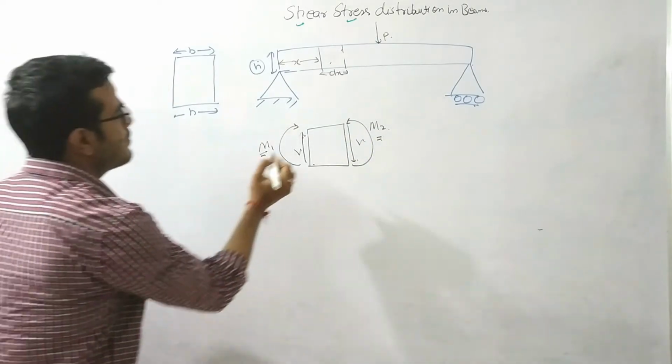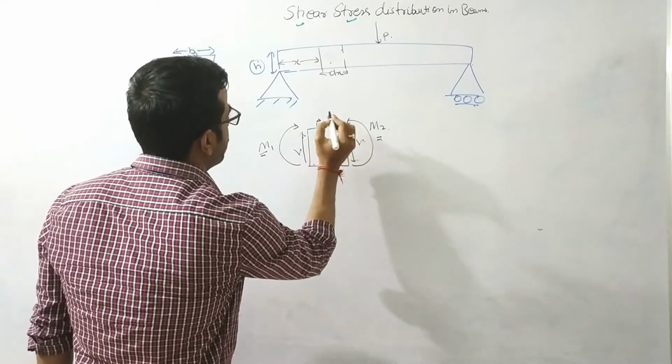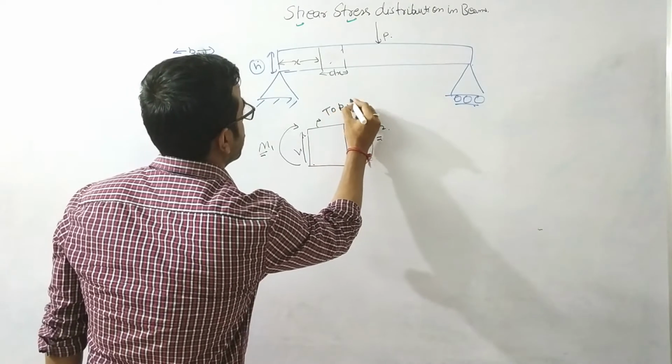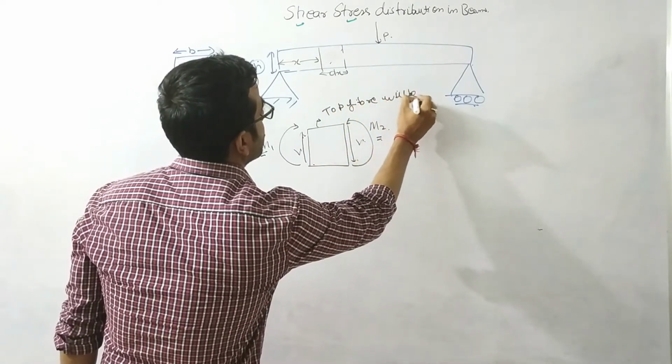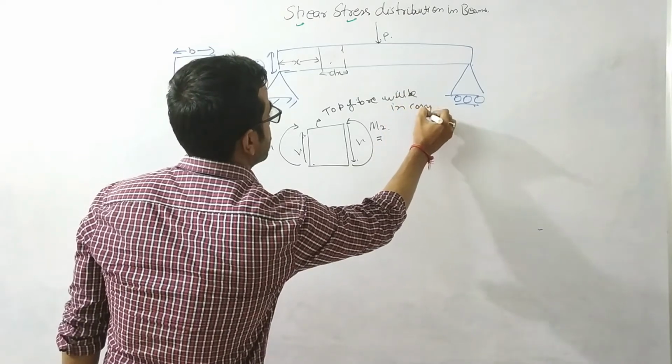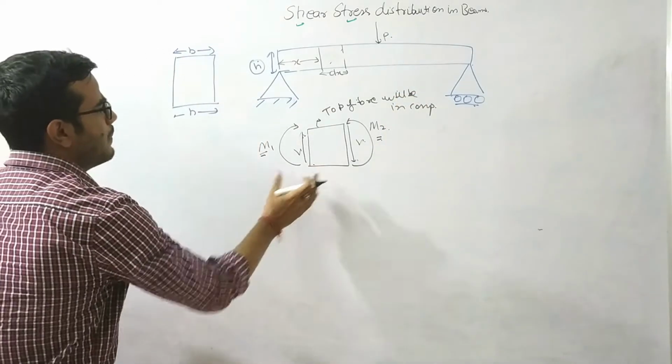You can see that this top fiber will be in compression and this bottom fiber will be in tension.